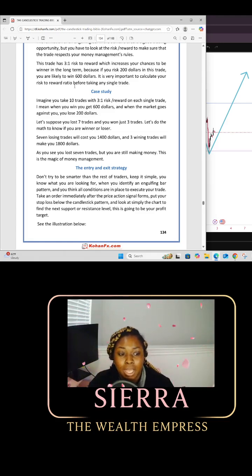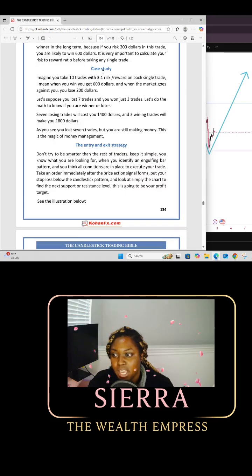You need to know how much you are putting your account at risk. That's how a lot of people blow their accounts, because they over leverage and didn't even realize that they only have $100 in their account, and they didn't put the whole account up for sale. Like, just telling the market, just take my money. Okay? So it says case study.